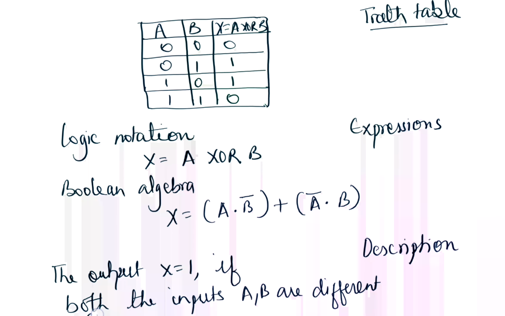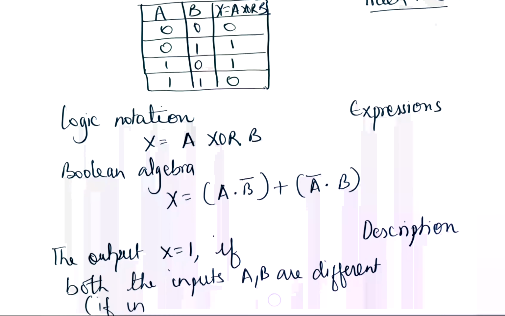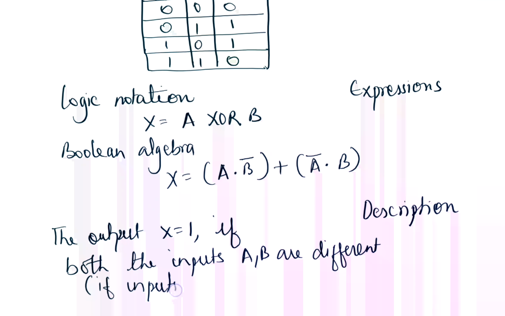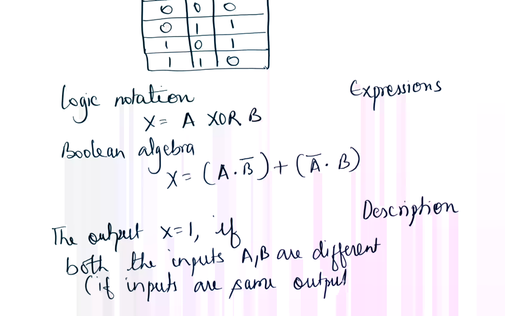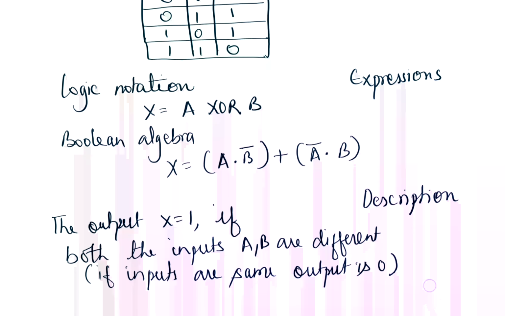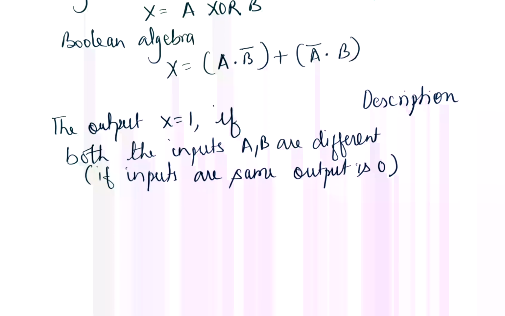In other words, if inputs are the same, the output is 0. So 0, 1 gives you 1, 1, 0 gives you 1, and even if it is 1, 1, it will give you 0. I'm going to quickly help you prove this Boolean algebra as well. So let's have a look at this.